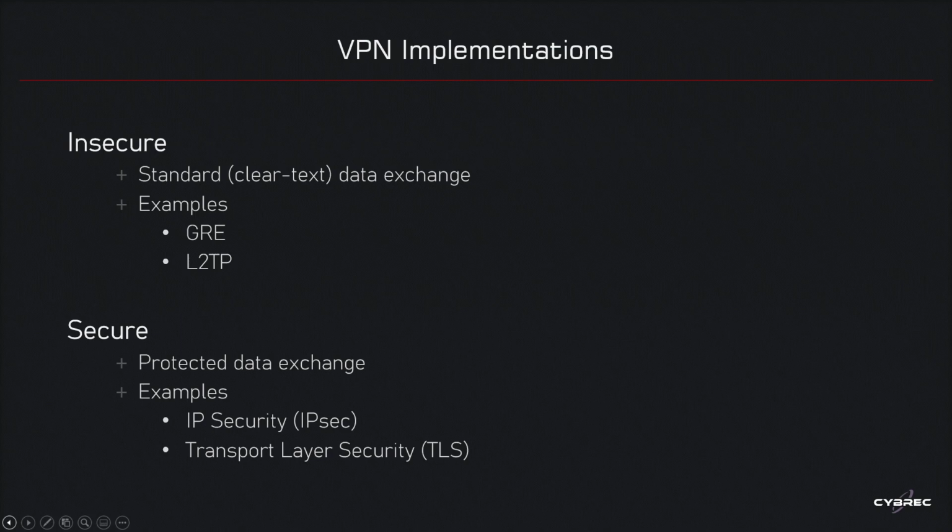So these two, IP security and TLS, we will look at in a little bit more detail in our next session. Just remember that not every VPN is secure just because it is a VPN. Whether it is secure or not depends on the VPN implementation.